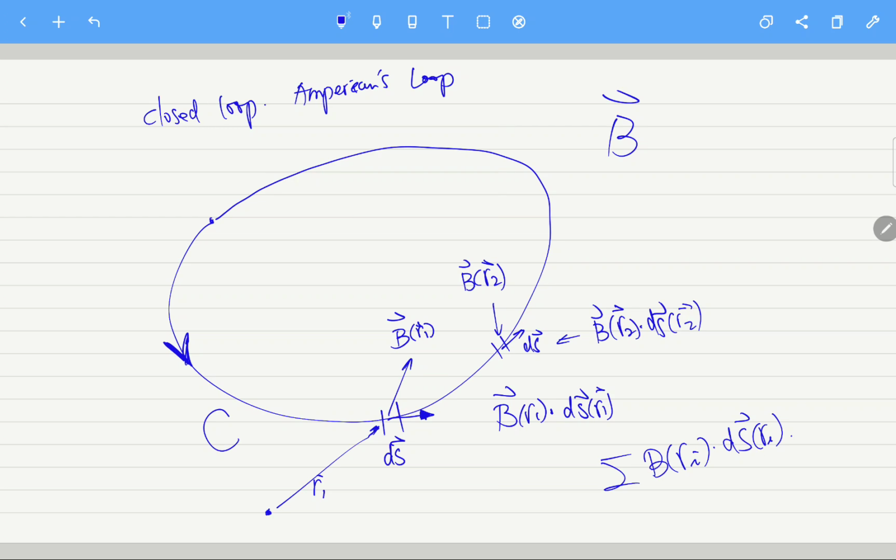So when we add all of them together, it is actually the sum of B dot ds, i from 1 to infinity. So this is the line integral.